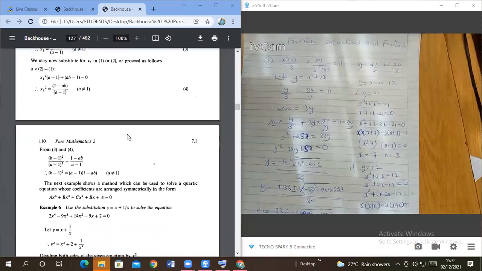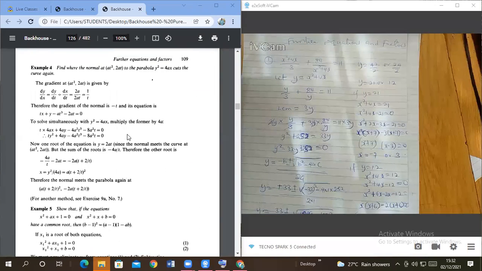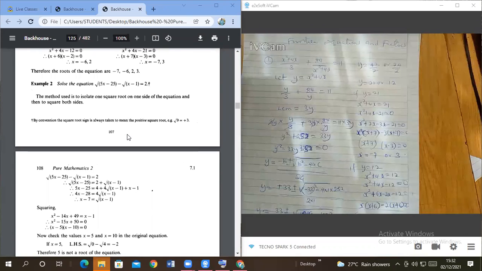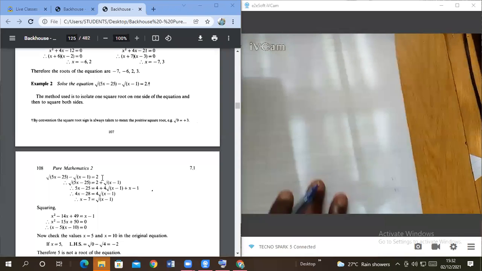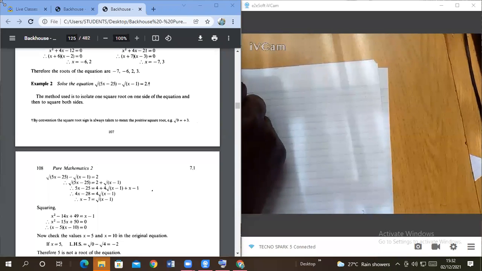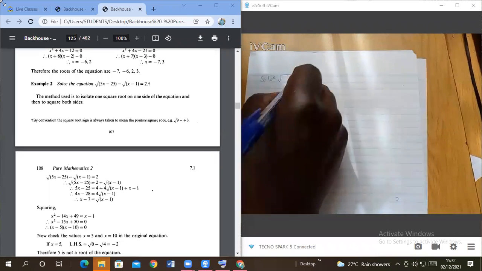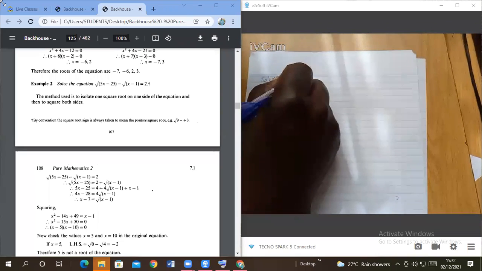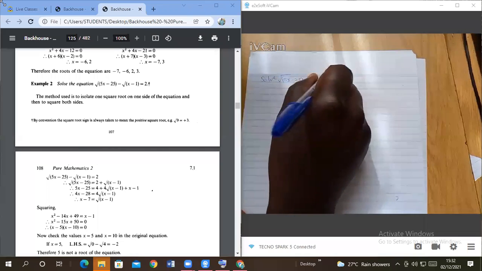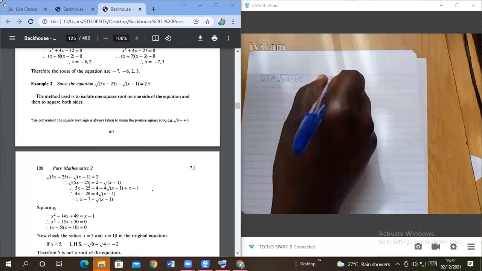Now, let's see another one here. We have, we are supposed to solve root of 5x minus 25 minus root of x minus 1 is equal to 2.